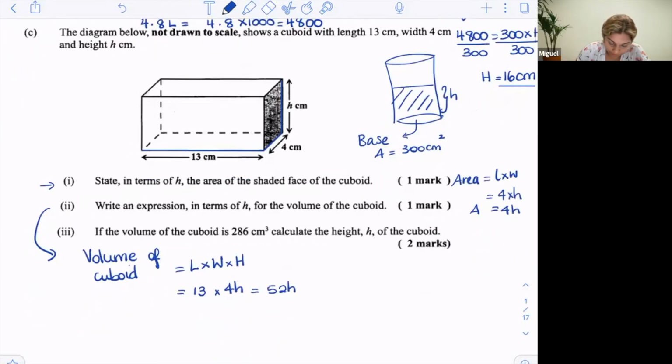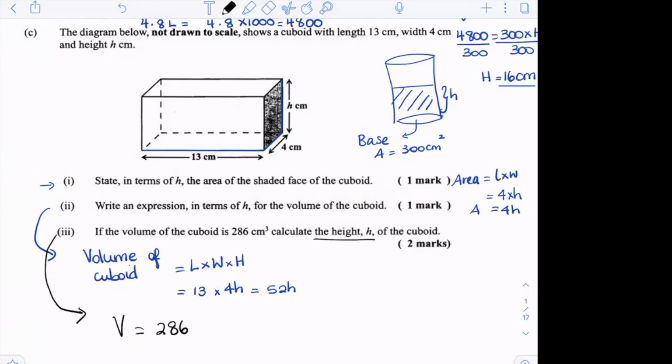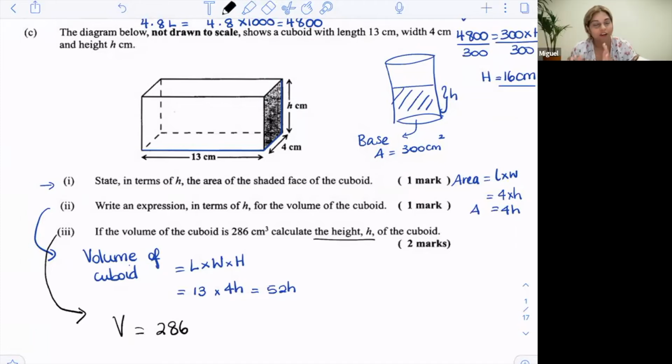Part 3 now. If the volume is 286, calculate the height. So now they are giving you an answer for V and they want you to find the unknown H. So 286 is equal to 52H.